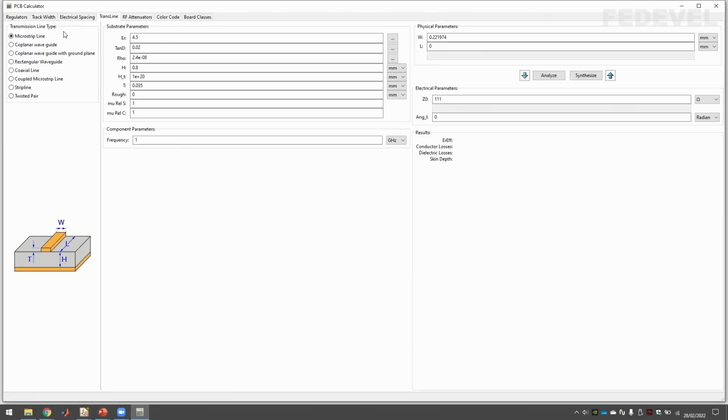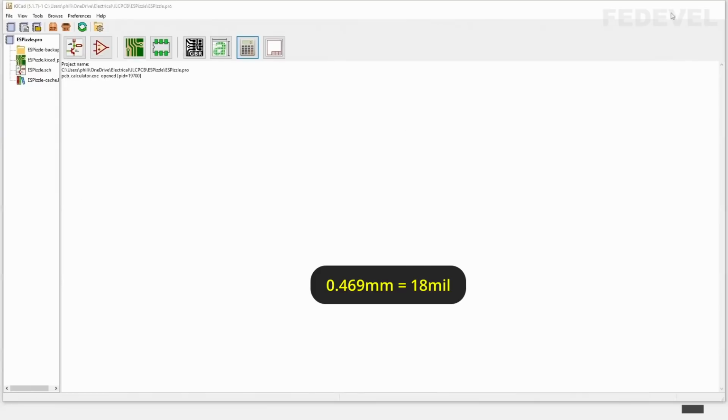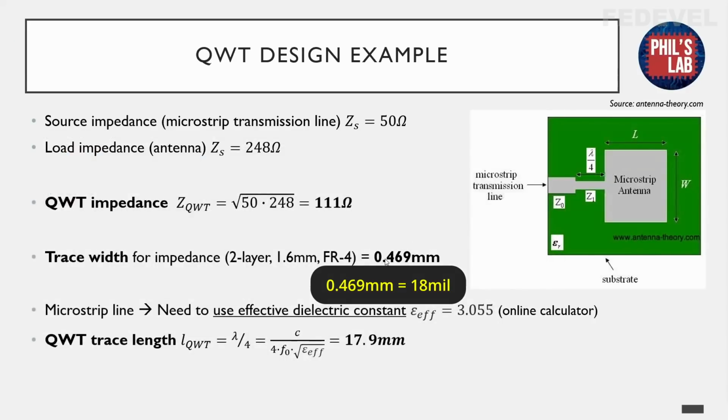If I type in my microstrip line, I have epsilon r is 4.5, a height of 1.6, and I have 111 ohms. Apparently someone's already calculated this before. And then I click synthesize, and miraculously that gives me 0.469 millimeters. So we need to make our trace width 469 millimeters, sorry, 0.469 millimeters right here. So that's where that number comes from.